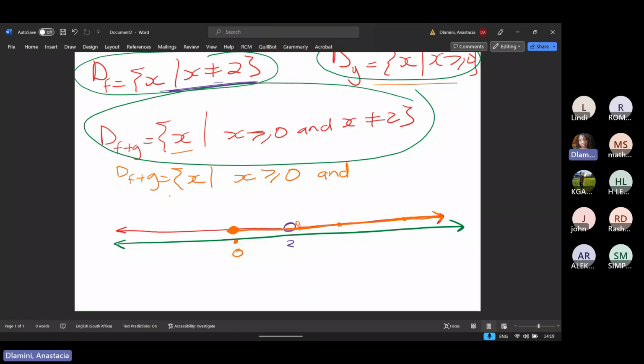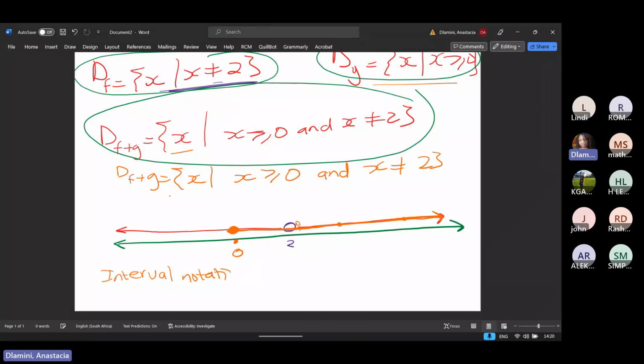Why is x not equal to 2? If you check inside the purple circle, is the orange line on top of the yellow line? No. Thank you. So x is not equal to 2. So let's go to interval notation.